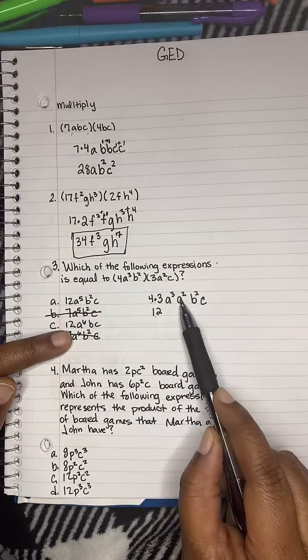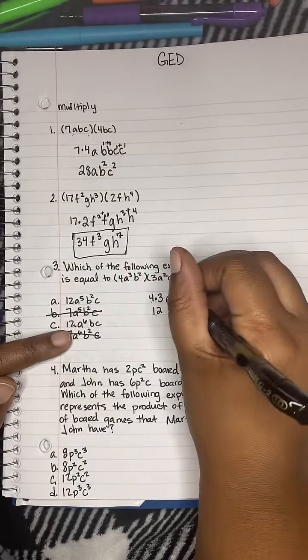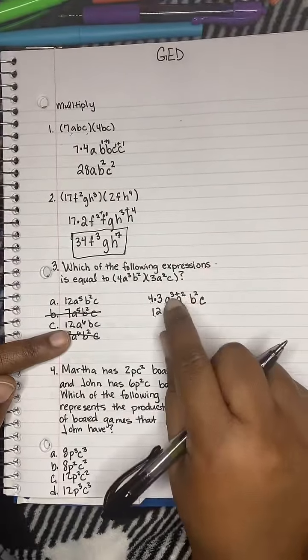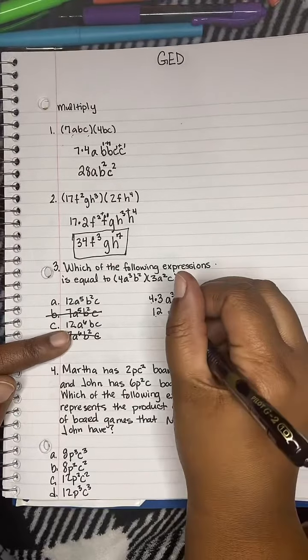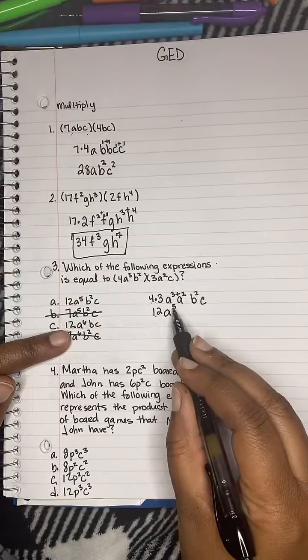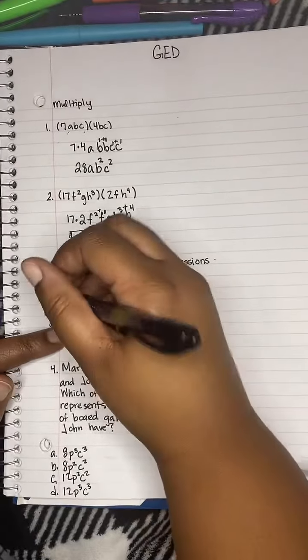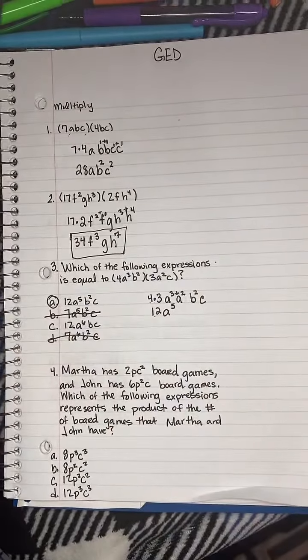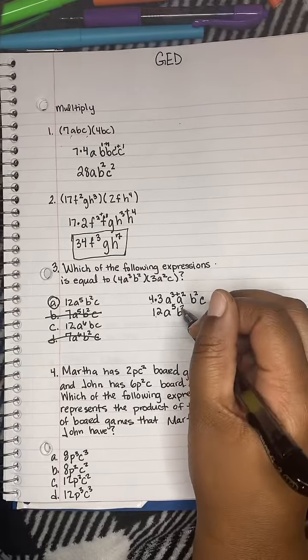Okay, somebody said C. Somebody says D, A. Ooh, we're kind of all over the place on this one. C, C, A. All right, let's check it out.